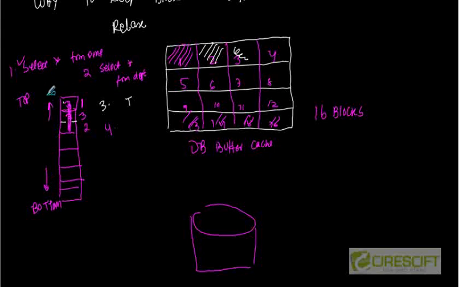This top end is called MRU, most recently used, and this end is called LRU, least recently used. This list is popularly called the LRU list, and this algorithm is called the LRU algorithm. This is how the database buffer was managed before Oracle 8i.